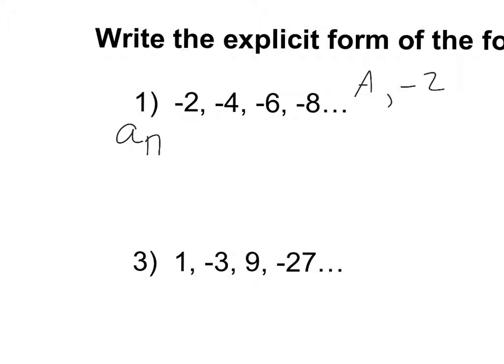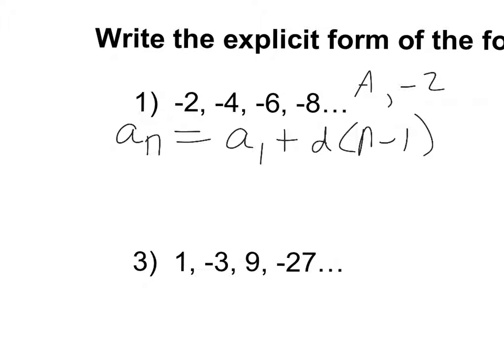A sub n is equal to, it always starts, oh, you're close, you're ahead of me a little bit, the first one. Parentheses. We got n minus 1. And what am I going to multiply n minus 1 by? -2. Or in other words, the common difference, right?